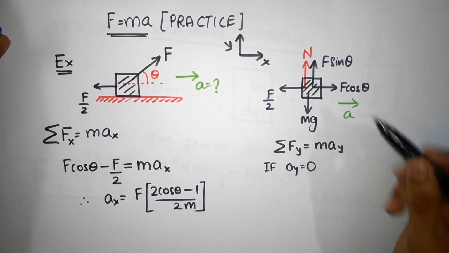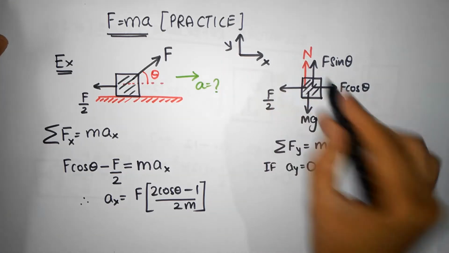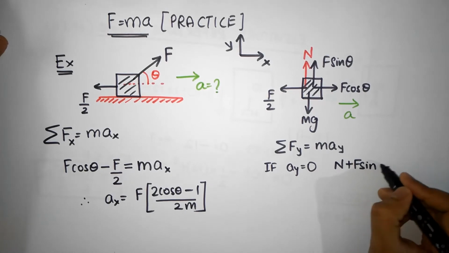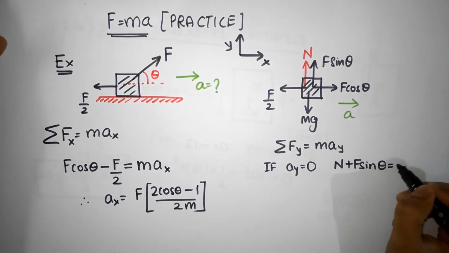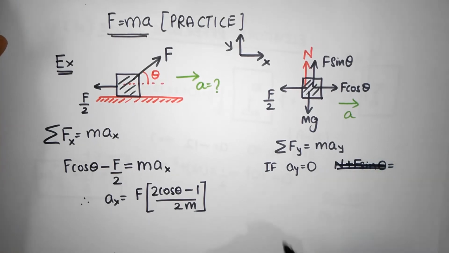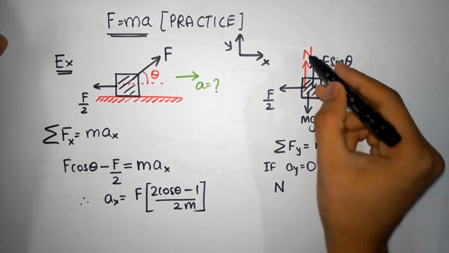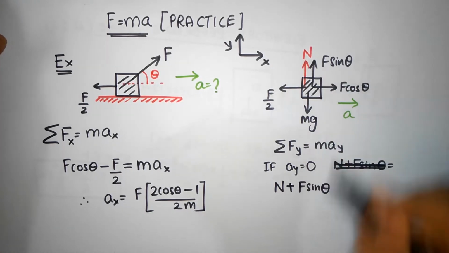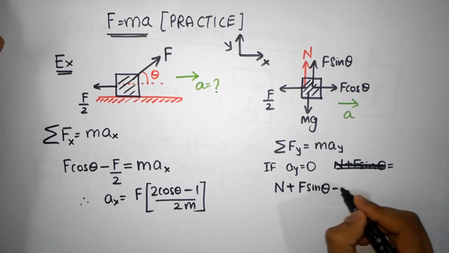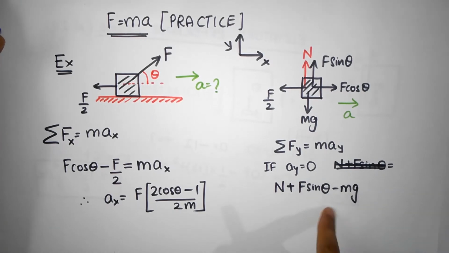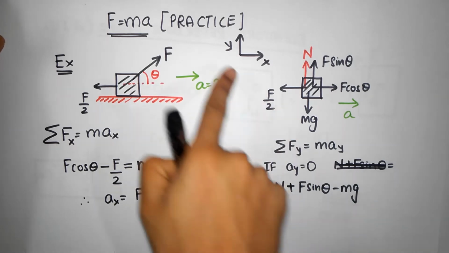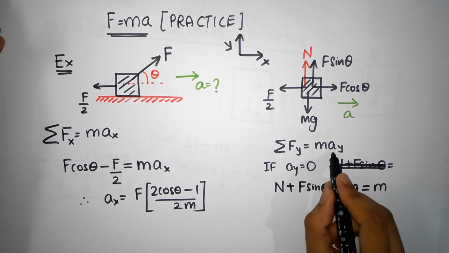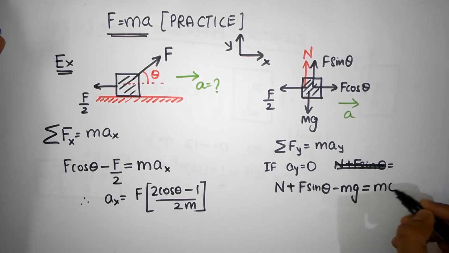If acceleration is 0, then the net force upwards is n, which is positive, plus F sine theta, which is also positive, and a third force, minus mg. The reason there's a minus sign is because it's downwards and I chose upwards as positive. That must be equal to mass times the acceleration, which I've assumed to be 0.